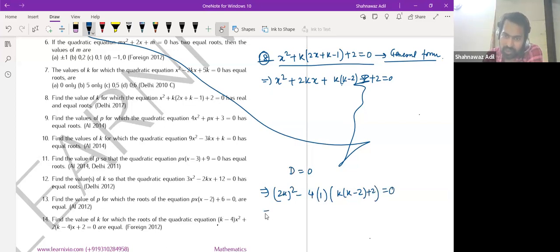So then this is 4k squared minus 4 times k squared minus 2k plus 2 equal to 0. So this is 4k squared minus 4k squared plus 8k minus 8 equal to 0.